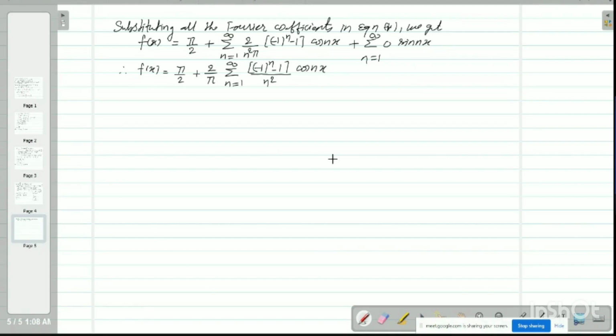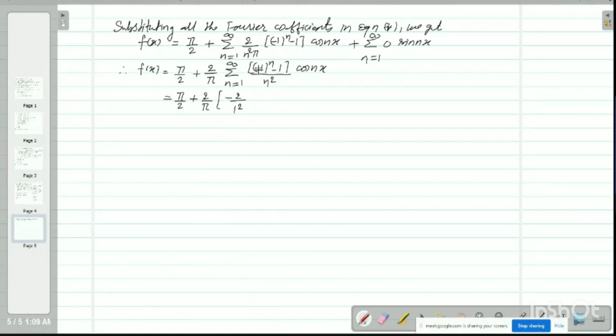Now just run this series. This is pi by 2 plus 2/pi, taking outside. For n equal to 1, you will get minus 1 and minus 1, that is minus 2 by 1 square.